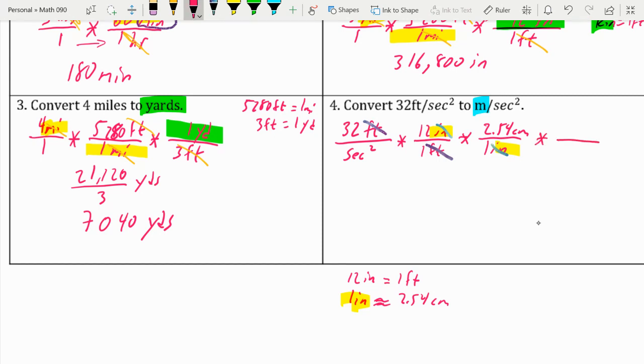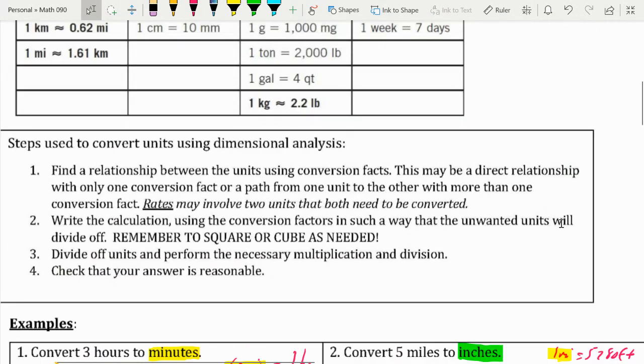But I still need meters. I don't want centimeters. I want meters. So I know down here I'm going to have centimeters, and up on top, I'm going to have meters. So let's go back and look at our conversion.